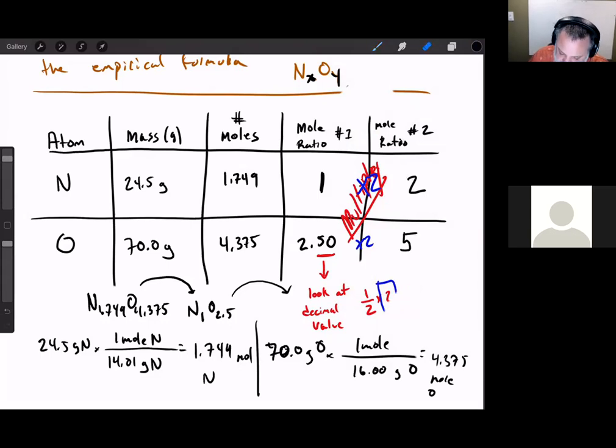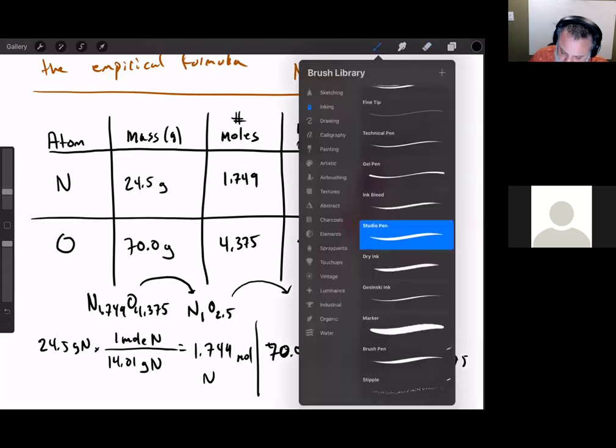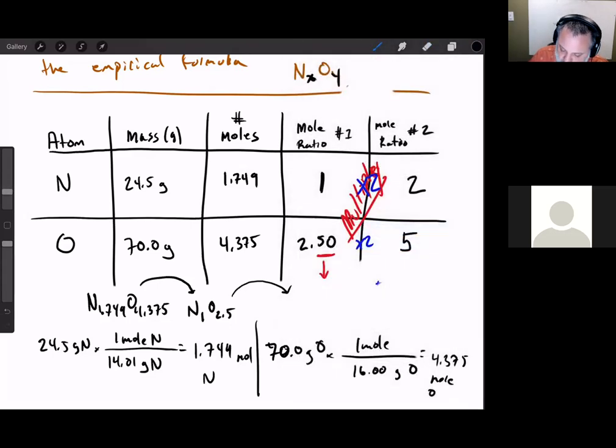And so now I've got whole numbers, check. And it's the lowest ratio of whole numbers. I'm done. I've figured out the empirical formula, N2O5.